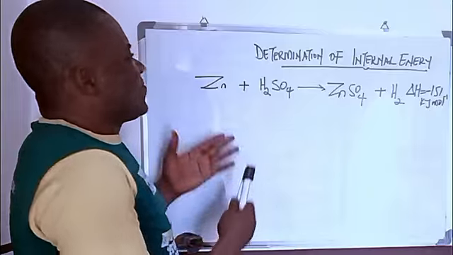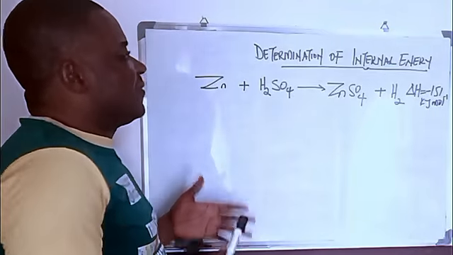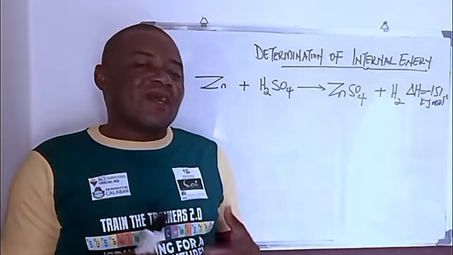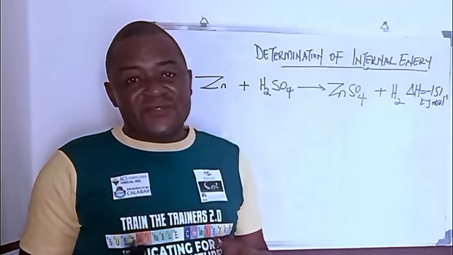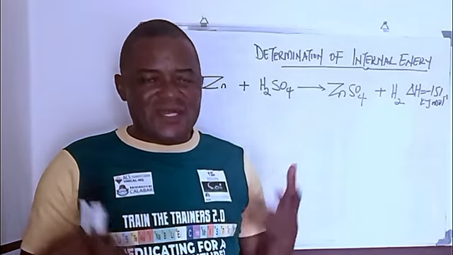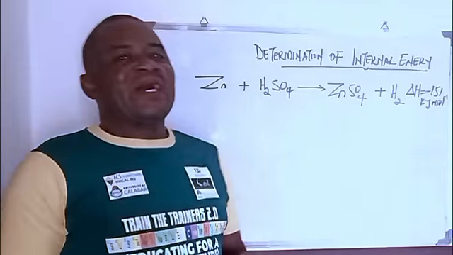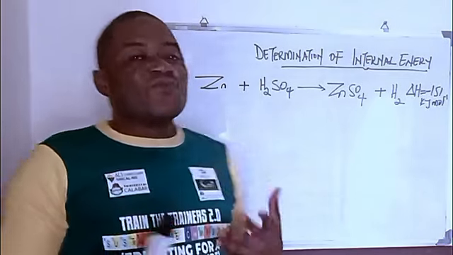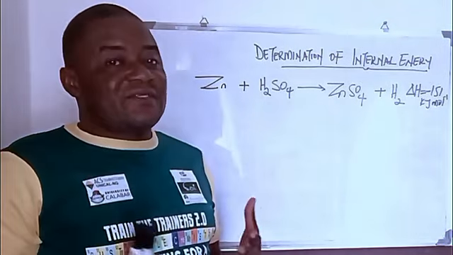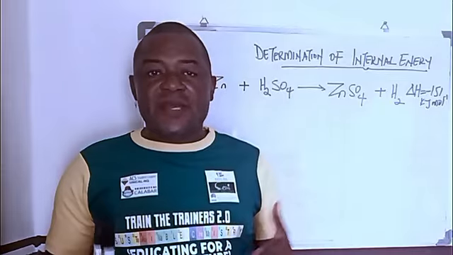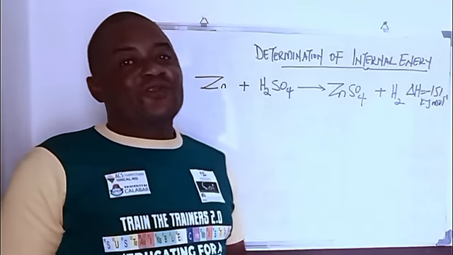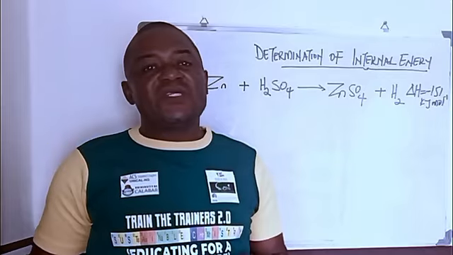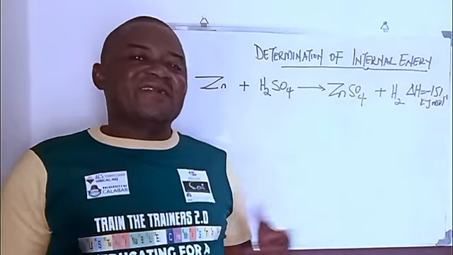Now, when we want to determine internal energy, we are looking at a system where reactions are operated at constant volume. At this point, we will quickly take our minds back to what we have done earlier in this class, looking at the relationship between enthalpy and internal energy.